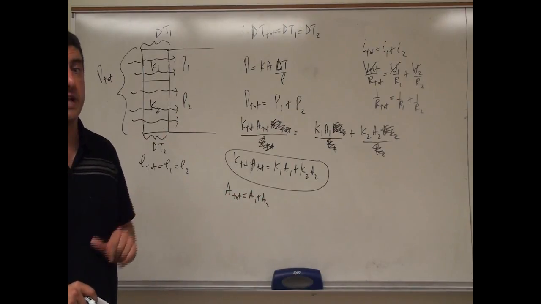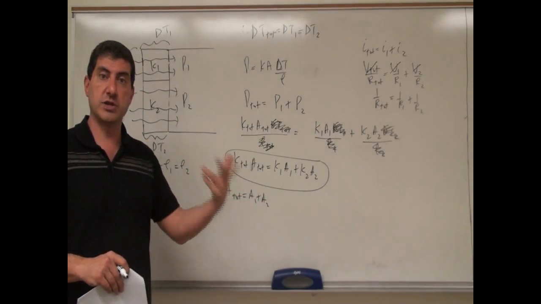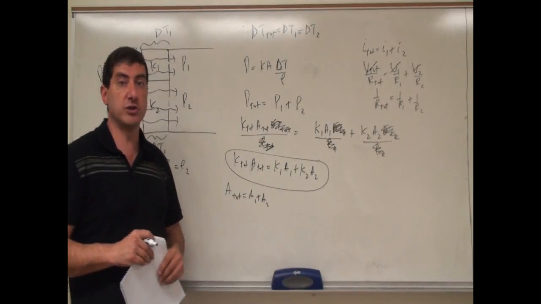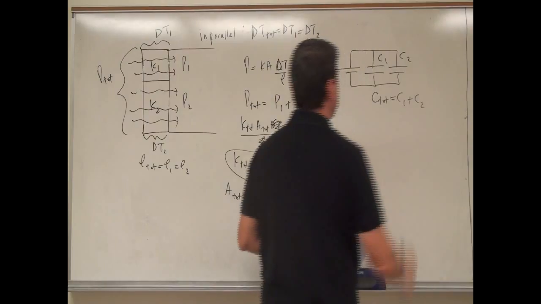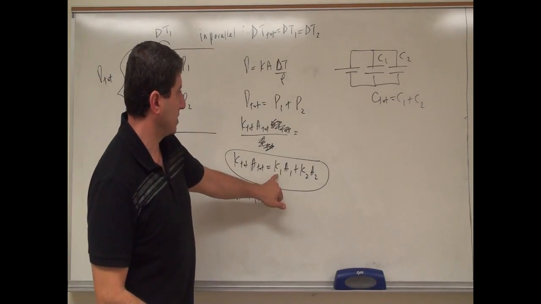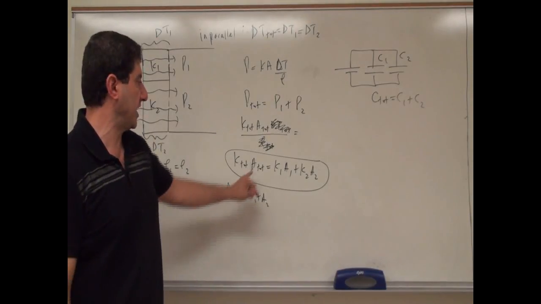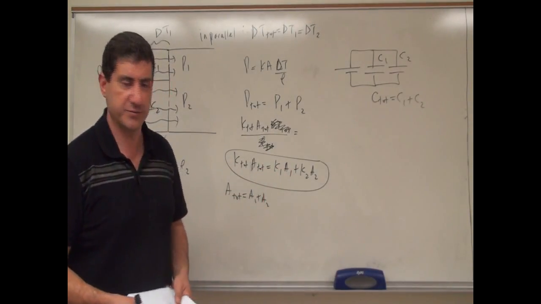Similar to how the conductors added up in series, where we had L total, L1 and L2, in this case we have A total, A1 and A2. It's the same idea, C1 plus C2, but with this extra A factor, which is the surface area.